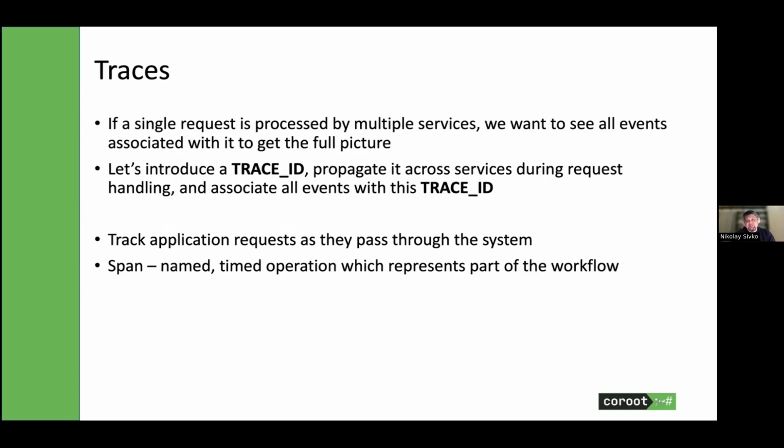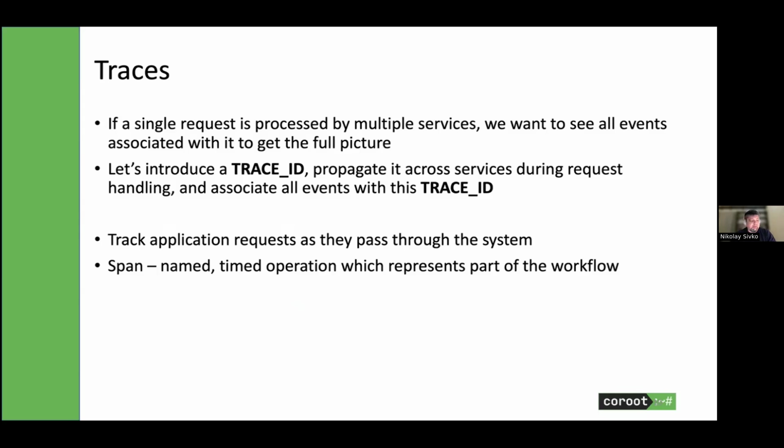And the next observability pillar is traces. A trace is a set of records with timers, and we can use this information to understand what happened with a particular request from our user with some trace ID, and how this request went through our services.